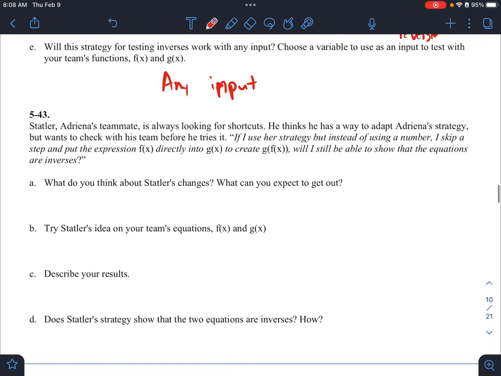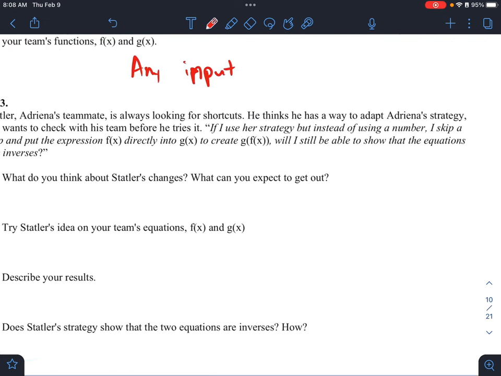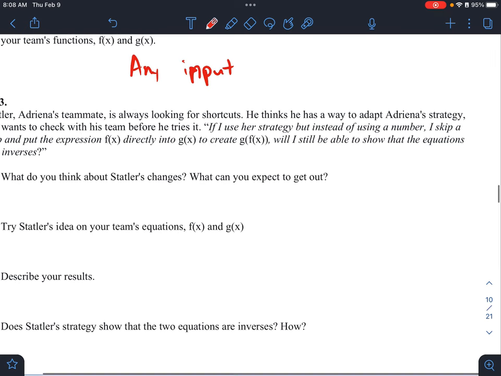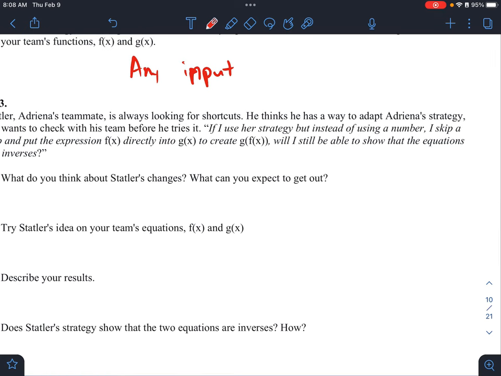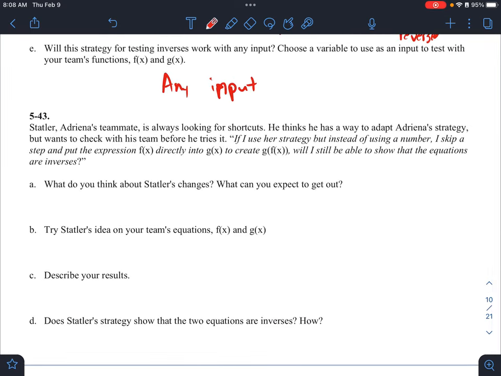Okay? So, here is what we are kind of going to do, and I'm not necessarily going to follow these, okay? But if I go and do g of f of x, okay? So if I take one of my g of x functions, so let's continue with a, okay?